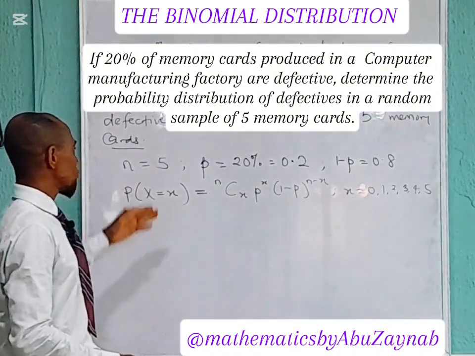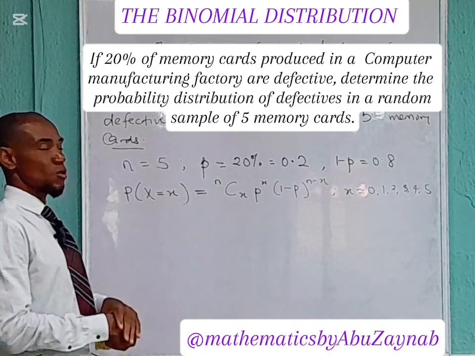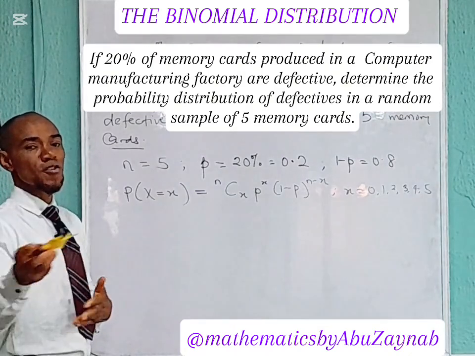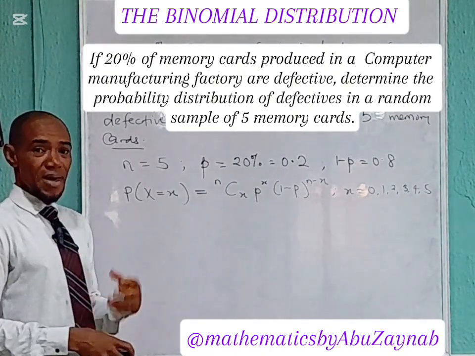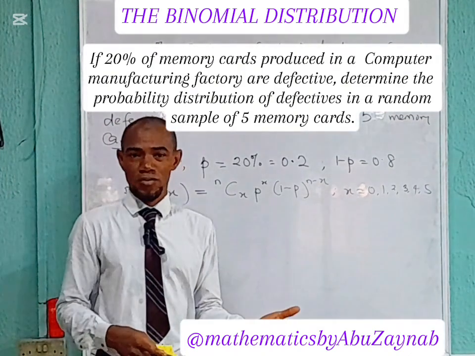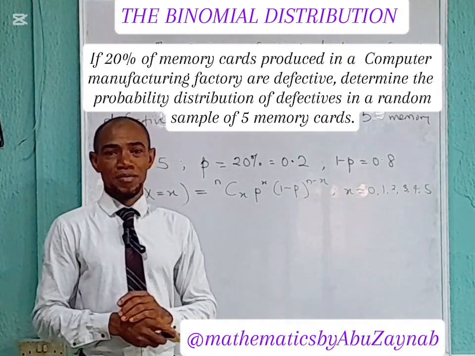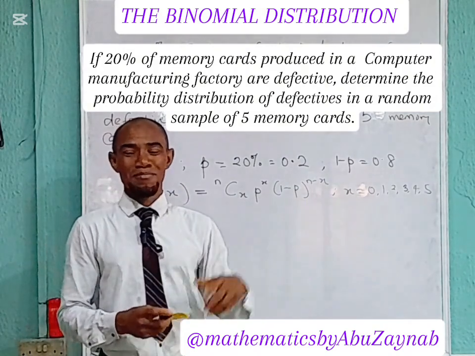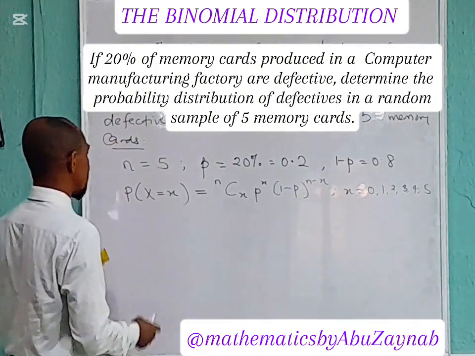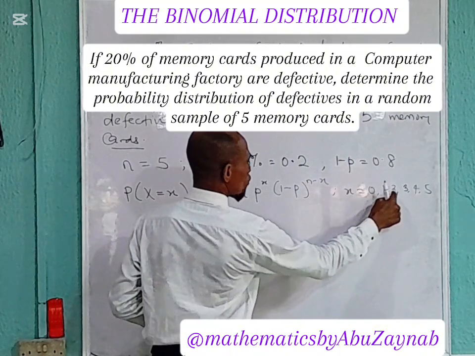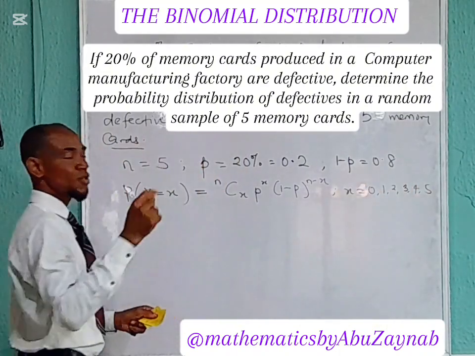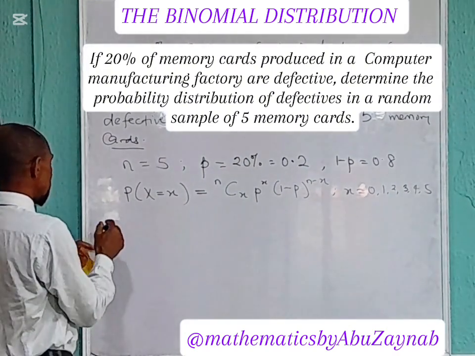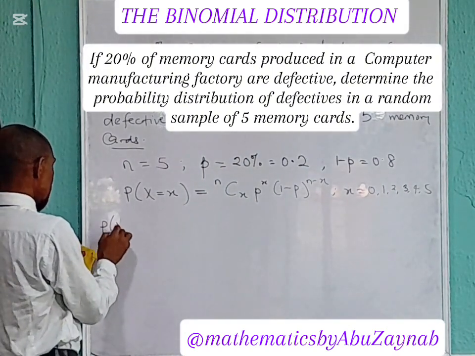In other words, we are asked to get the full picture, preferably in tabular form, for each x and the corresponding probability. Remember, that is the definition of probability distribution given in the last video: each random variable, which is x in this case, along with the corresponding probability. So we are going to take each of the x's 0, 1, 2, 3, 4, 5 and compute their respective probabilities.